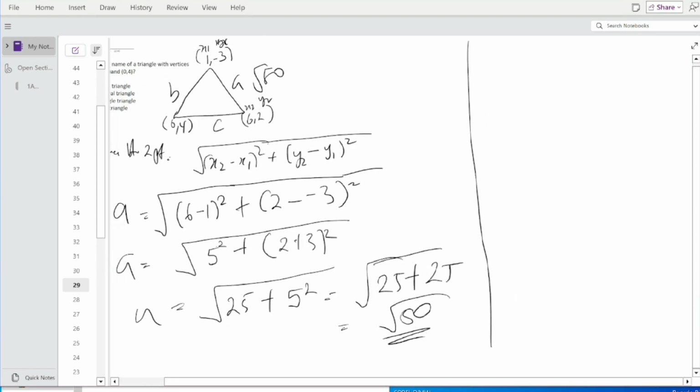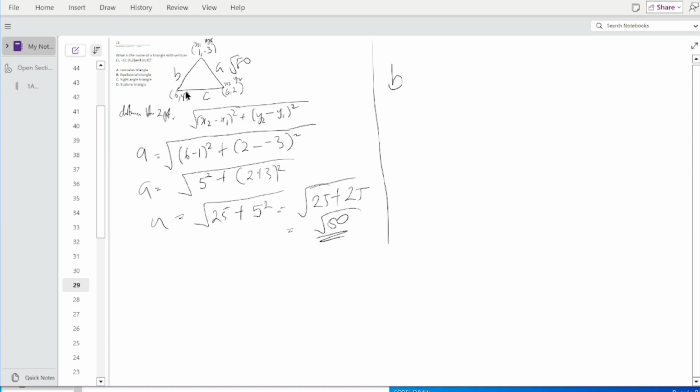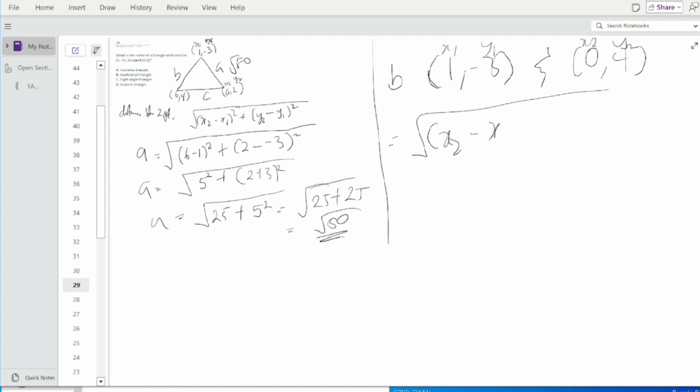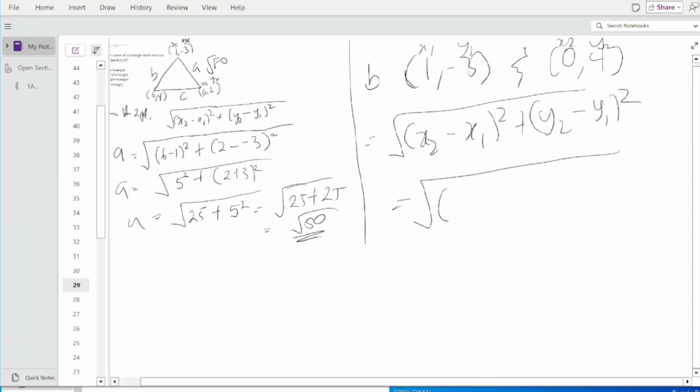Then we'll take our point B and we'll solve. For our point B, we take this and this value. We have our coordinates as 1, minus 3 and also 0, 4. So this is our x1, y1, x2, y2. The formula says x2 minus x1 all squared plus y2 minus y1 all squared. So we take our x2 as 0 and our x1 as 1, minus 1 squared, plus our y2 is 4 and our y1 is minus 3.